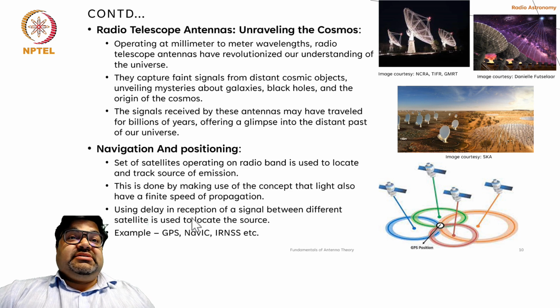GPS is one of the big constellations for that, but in general it is called GNSS, the Global Navigation Satellite System. Under that, India has its own constellation called NavIC, which also operates in the L and S bands, somewhere near 1 to 3 gigahertz. So that also falls well within radio wavelengths, and that's another application which very much depends on the nature of the antenna and its operations.